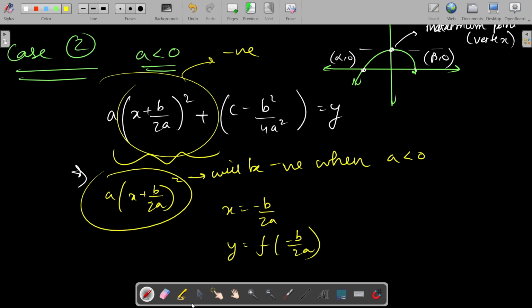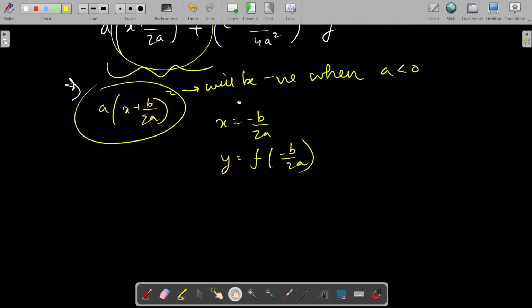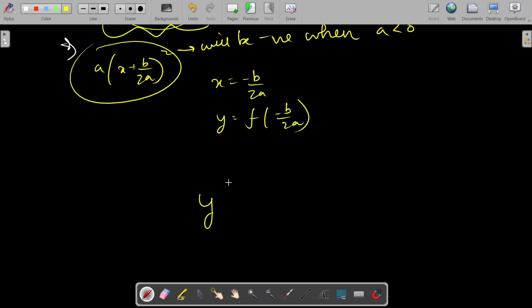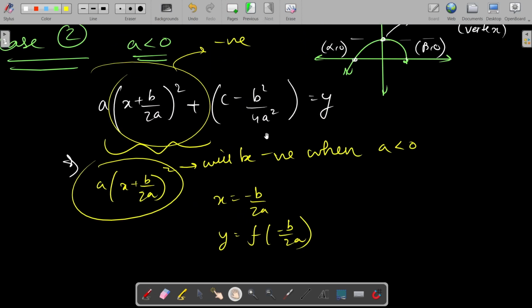But a difference that is going to come is, in this case, y is going to be less than or equal to c. Why? Because in y we'll always be adding a negative term, or we'll be adding 0. So when we add a negative term, it's going to be less than c.